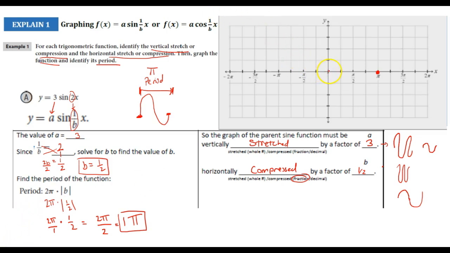So I got 0, 0. Oh, sorry, that should be there. 0, 0. I also got half, or pi over 2, 0. And I also got pi, 0.